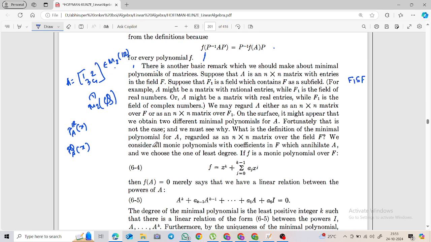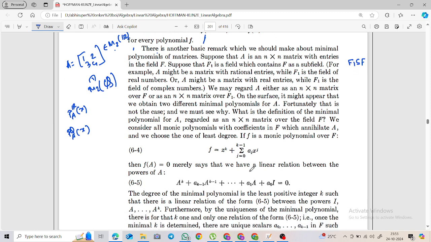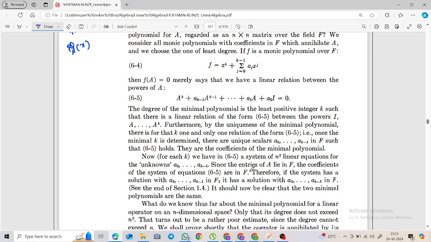What is the definition of a minimal polynomial for A, regarded as an n cross n matrix over the field F? We consider all monic polynomials with coefficients in F which annihilate A, and we choose one of least degree. If f is a monic polynomial over F of this form, then f(A) is 0. This merely says that we have a linear relation.